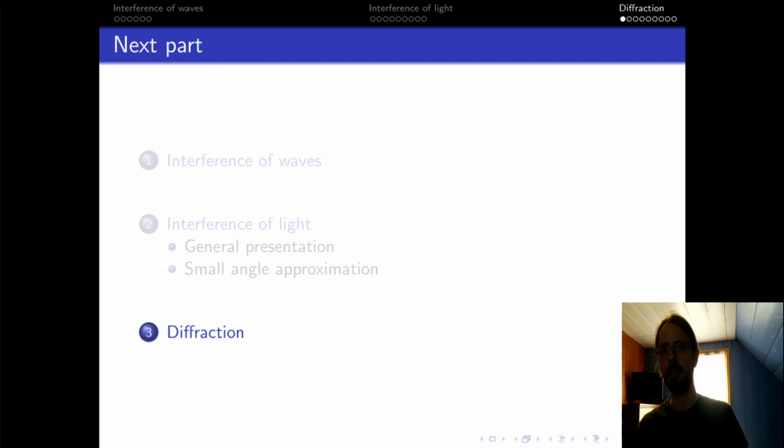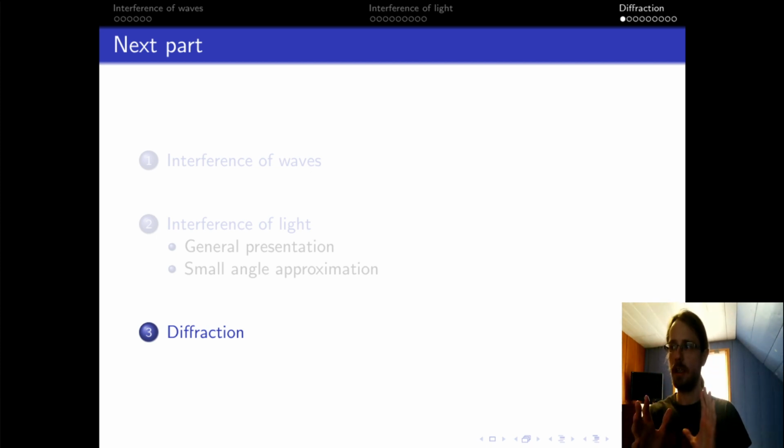Their wavelength is also very, very different. In the visible spectrum, light has a wavelength between about 450 nanometers for blue and violet, and around 650 for red light. So of the order of about 500 nanometers.